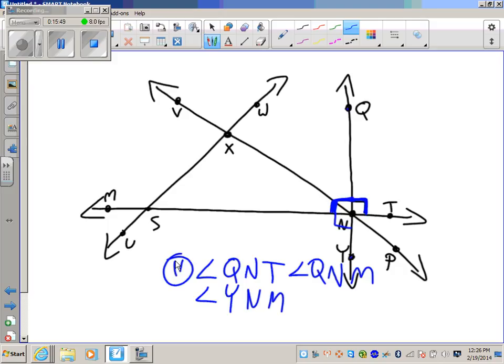What's the only one that's missing? This one here, right? VXW. It looks like it, but I don't know if it is for sure. And I don't know how it looks on your sheet. I'm just doing a real rough drawing. Which is the only one that's missing?